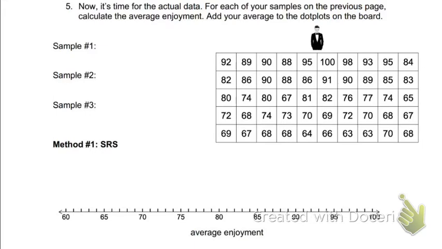So for your sample number 1, for your simple random sample, go find the people in the seats that correspond to what you picked out on your method number 1 on your simple random sample. So where are those seats? You want to take those numbers, wherever they happen to be, add them up. And you're going to divide by what? By 10, because you sampled 10 seats.